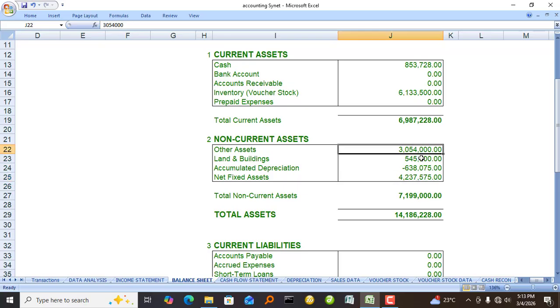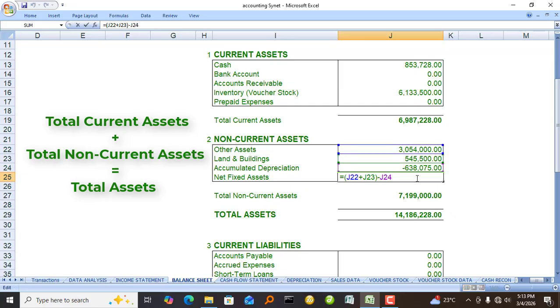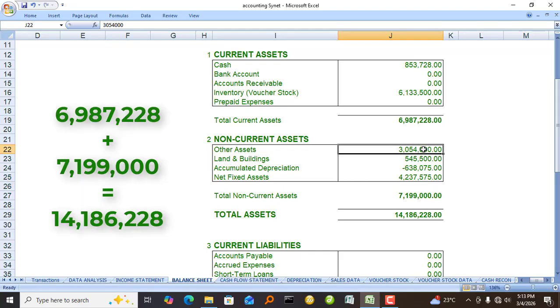This plus this minus the depreciation, you get that. That's your total non-current assets. So I added this plus this minus the depreciation to get this.